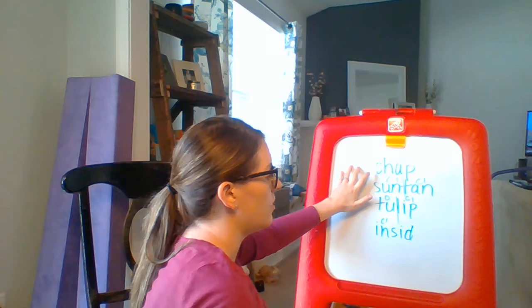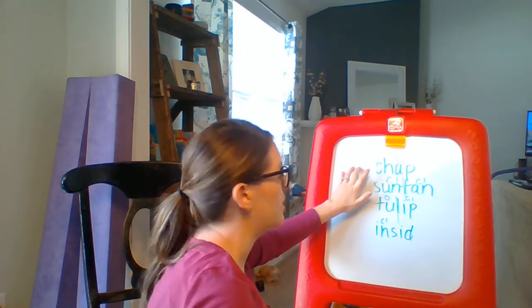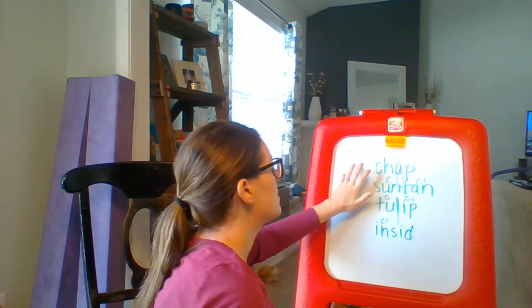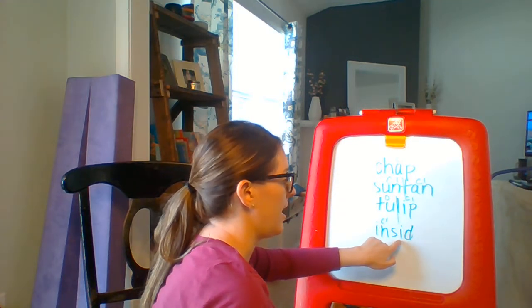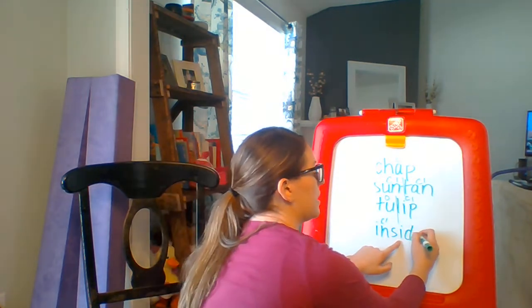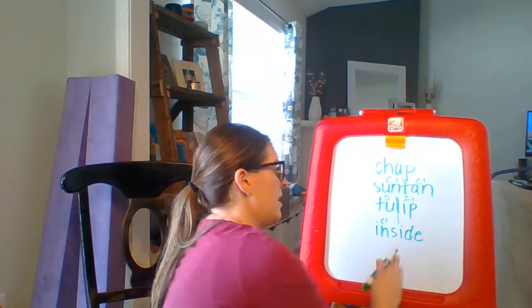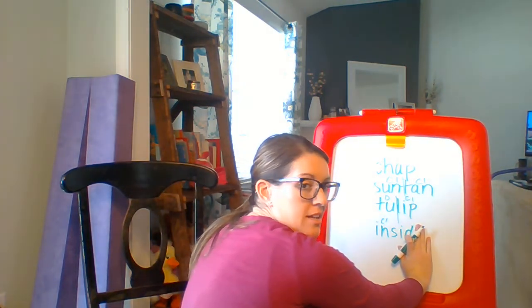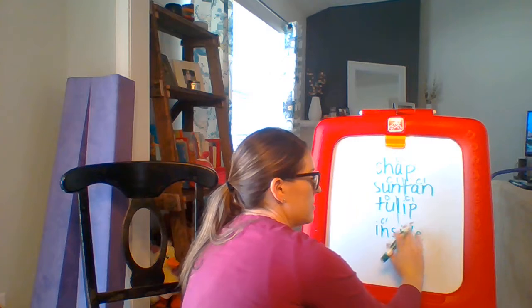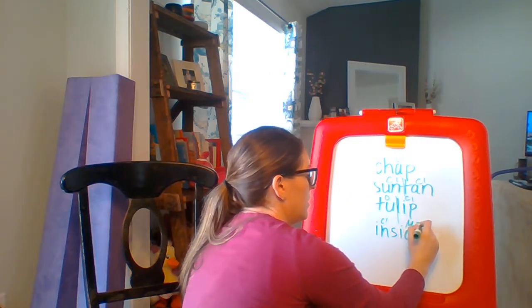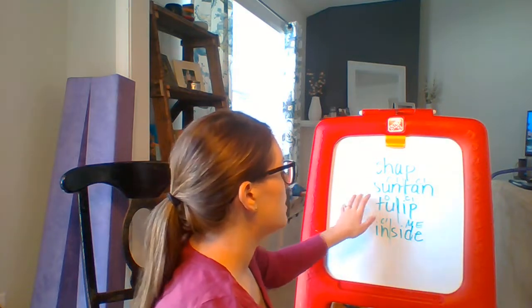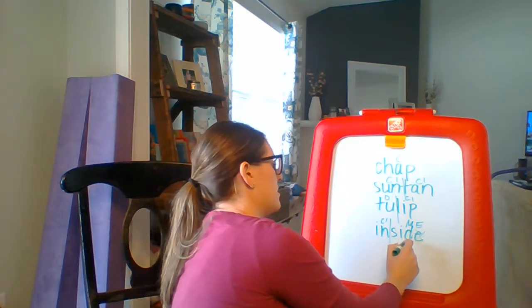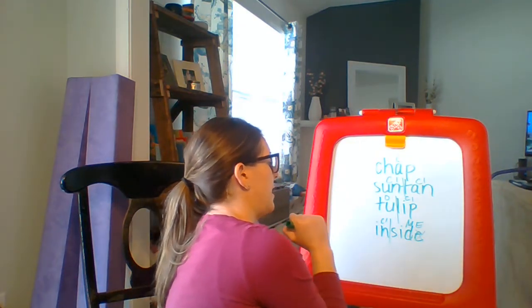Now, even though I only finger tapped 3 times because there's only 3 sounds, I know that to make that I say its name, I have to add a magic E at the end. Because without that magic E, that word is instead, because it would be a closed syllable. Now, it's a magic E syllable. Inside. Even though I only finger tapped 3 times, my E is silent. To make that I say its name, I know I have to add the E.